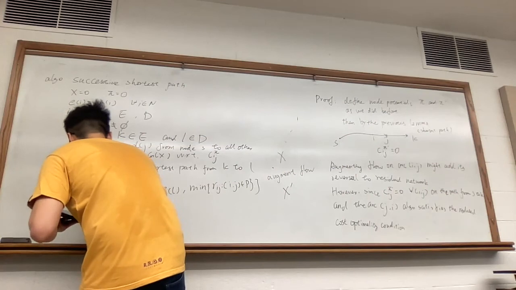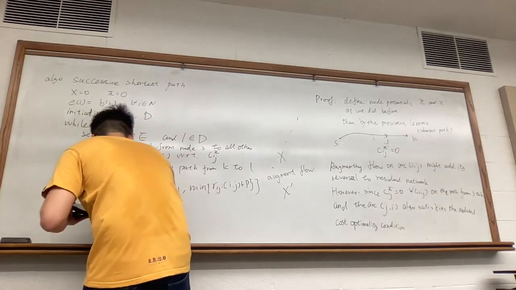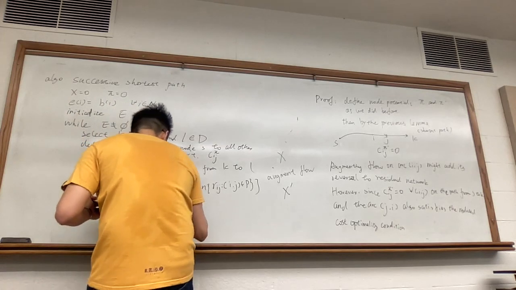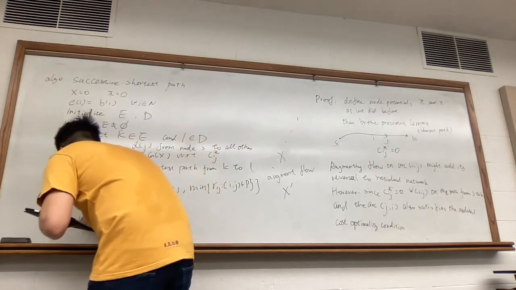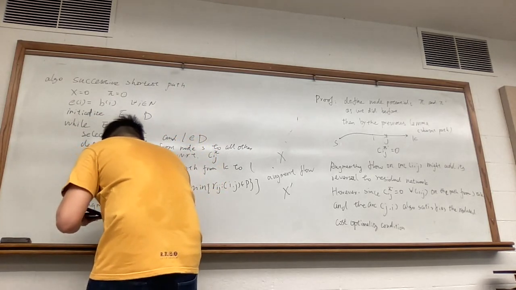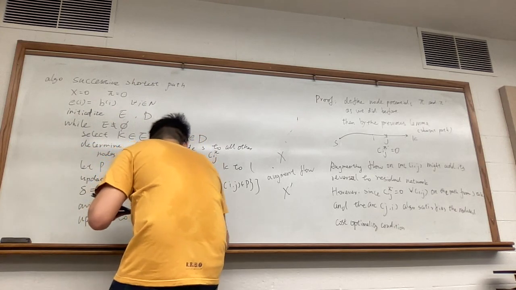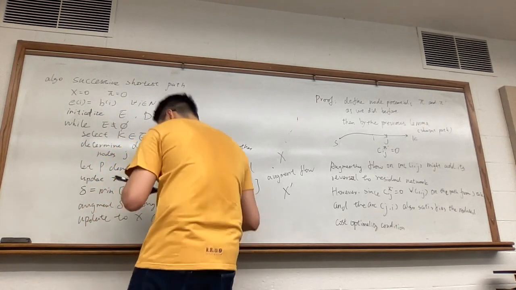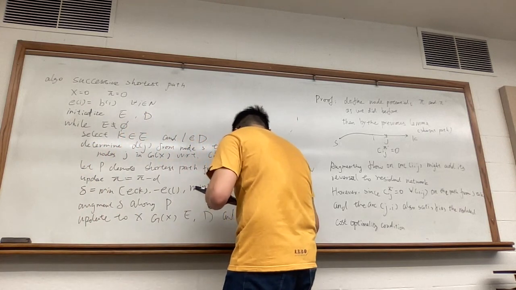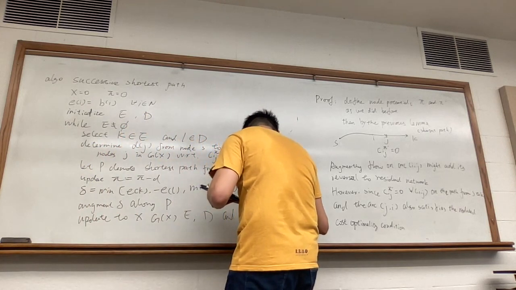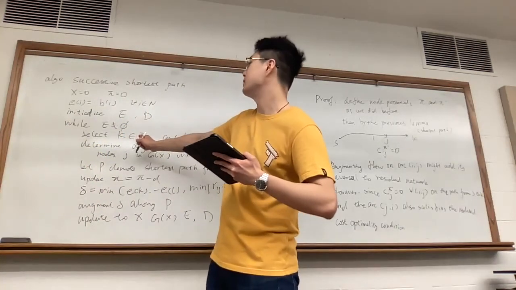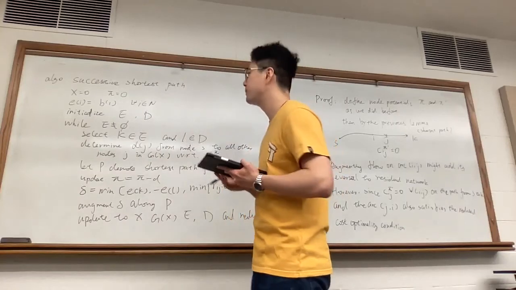And then we augment delta along the path P. And we do some updates to X, Gx, E, and D, and reduce the costs, iteratively until there's no excess node and no deficit node.